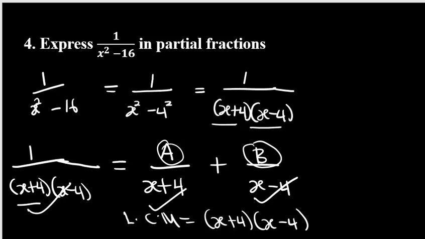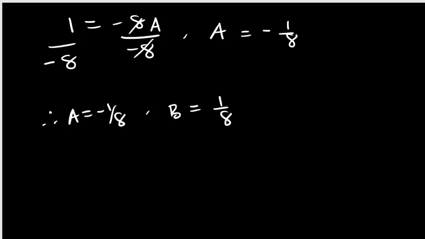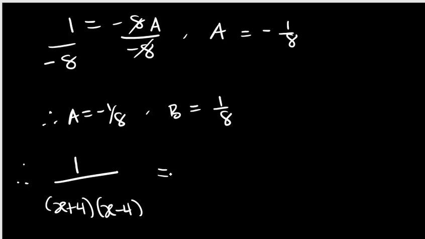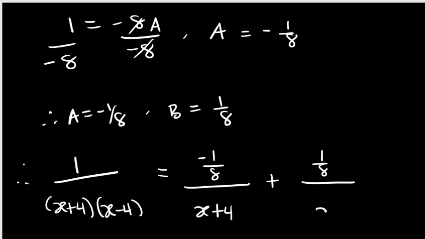So now we are going to have the 1 over x plus 4 multiplying x minus 4. Now this is equal to our a. In the a we had negative 1 over 8 over the x plus 4 plus our b. And the b is 1 over 8 all over x minus 4.